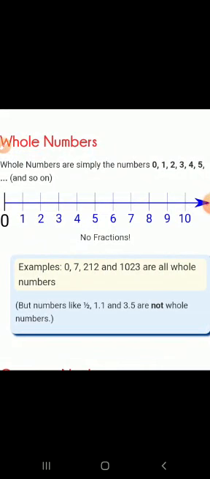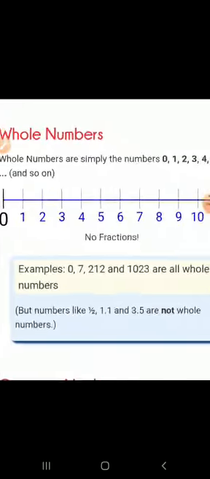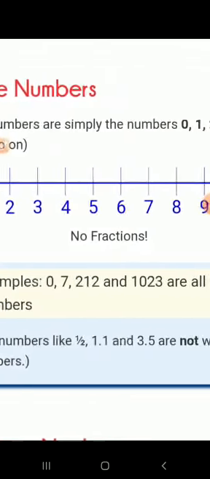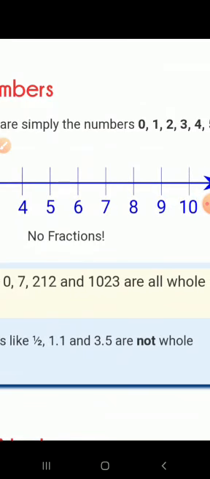Category 2, that is of whole numbers. This also you have read in the previous classes. So it's very simple. Natural numbers plus 0, that we call it as whole numbers. Means all the natural numbers plus 0. As you can see here on the number line also, it is starting from 0, 1, 2, 3, 4, 5, 6, 7, 8 and so on.